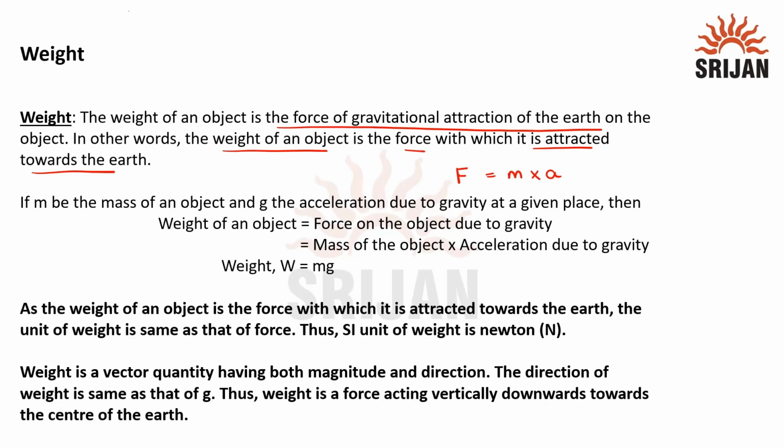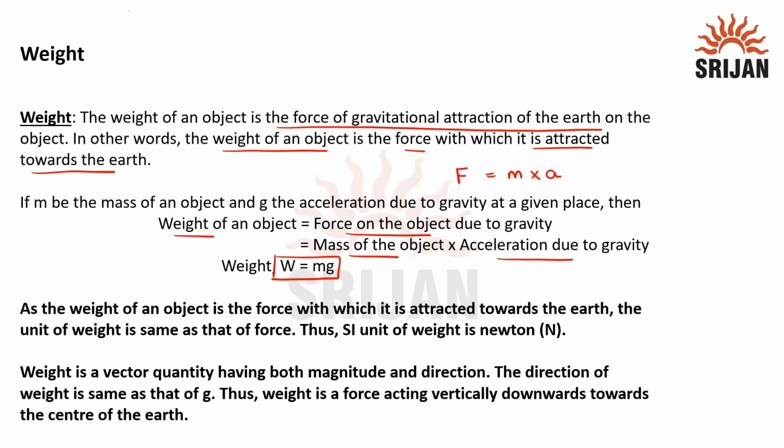So if m is the mass of an object and g is the acceleration due to gravity at a given place, then the weight of an object is equal to the force on the object due to gravity, and force is equal to the mass of the object multiplied by acceleration due to gravity. So by this, weight comes out to be W = mg. m is the mass of the object and g is the acceleration due to gravity at a given place.